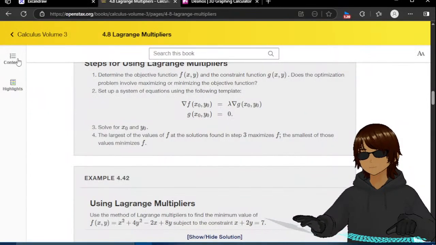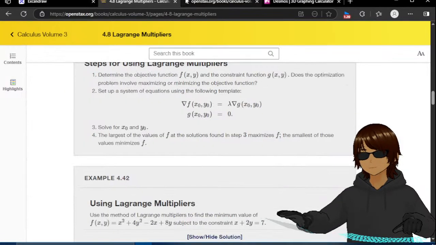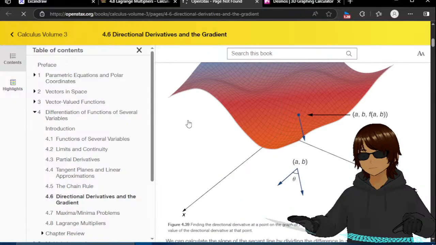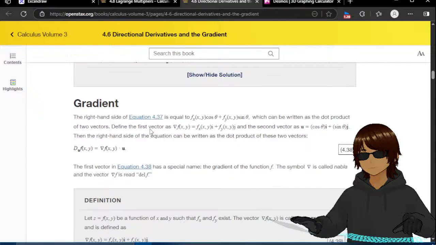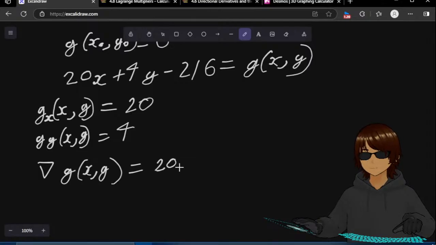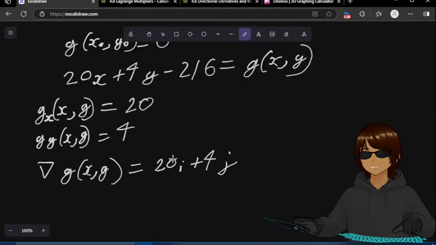Is it the addition of these two? This is a vector, this i and this j. Now we need to find this value where it's also 20i and 4j.